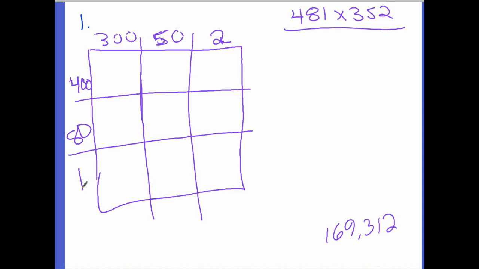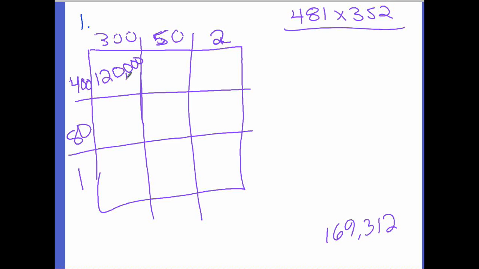You're gonna times 300 times 400. That's 12,000. 4 zeros. So that would be 3,000.